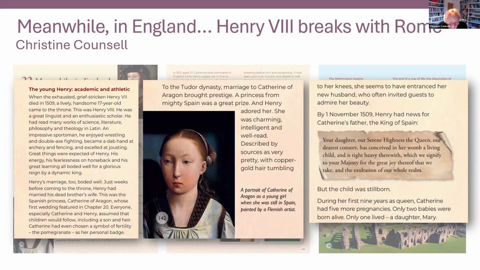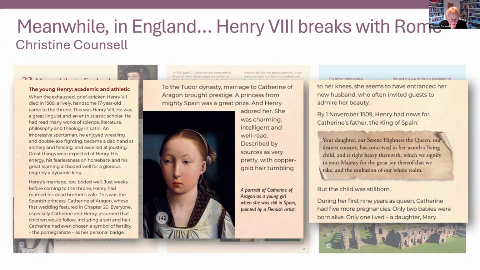Everyone, especially Catherine and Henry, assumed that children would follow, including a son and heir. Catherine had even chosen a symbol of fertility, the pomegranate, as her personal badge. To the Tudor dynasty, marriage to Catherine of Aragon brought prestige.